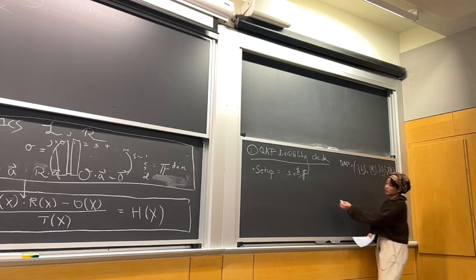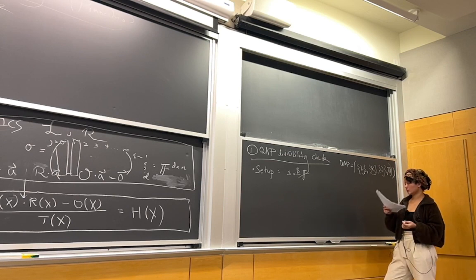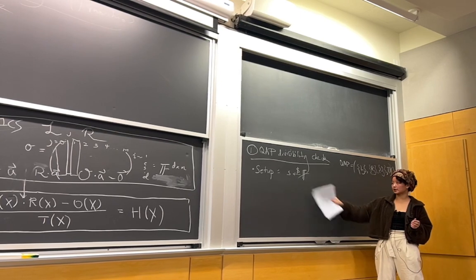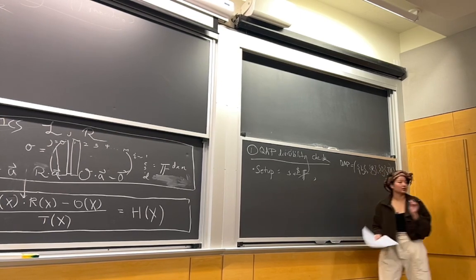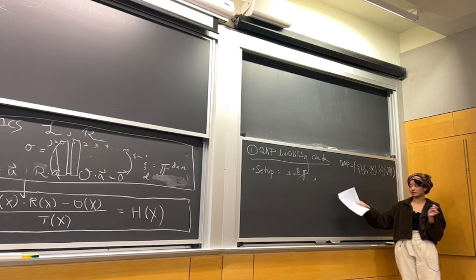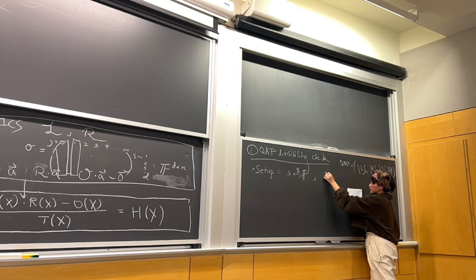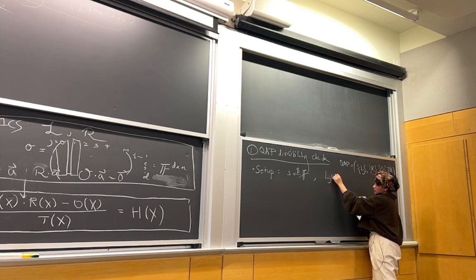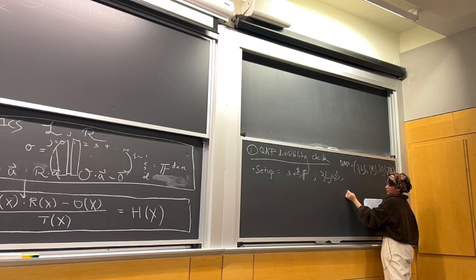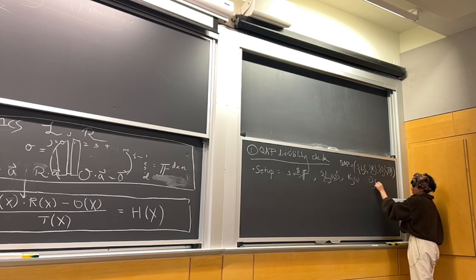So we sample some secret evaluation point S. And we basically compute the evaluations of these public polynomials at the secret point S. So we compute the L_j(S)s. We compute R_j(S)s, and we compute the O_j(S)s.